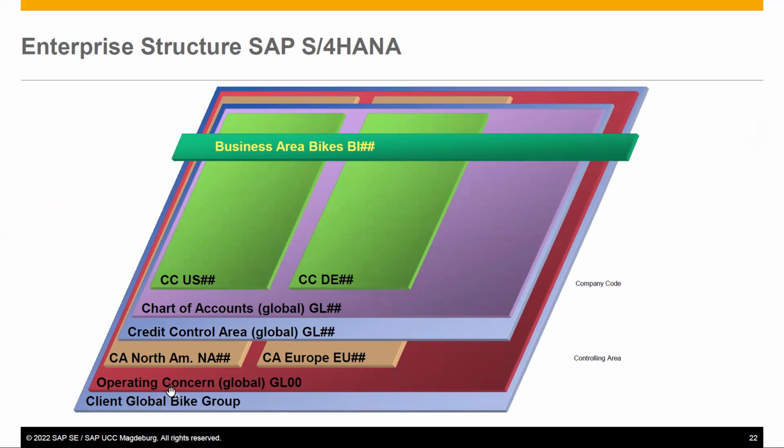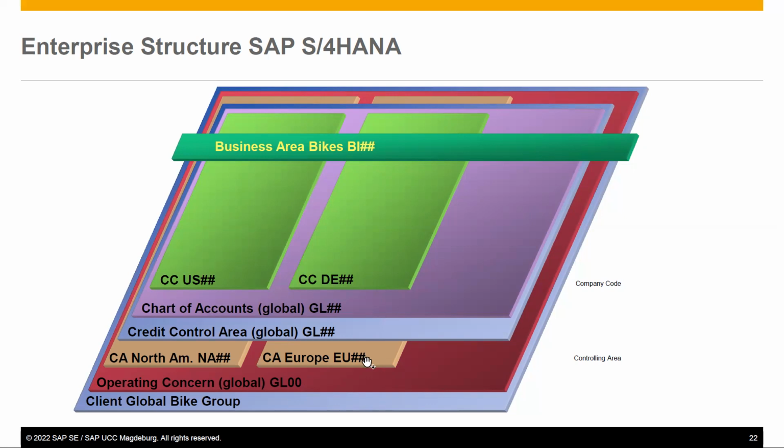Then on the client, we have the operating concern, and the code is GL00. Then on the operating concern, we have two controlling areas: one in North America, NA00, and the other in Europe, EU, with any numbers, 00 or 01 or whatever.